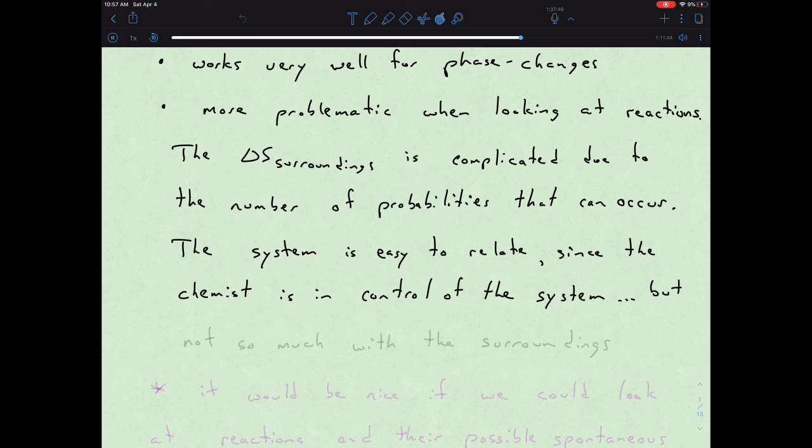When the chemist sets up the reaction, the chemist knows the temperatures and atmosphere and etc. The chemist can control the actual system, but not so much with the surroundings. So that becomes the problem.